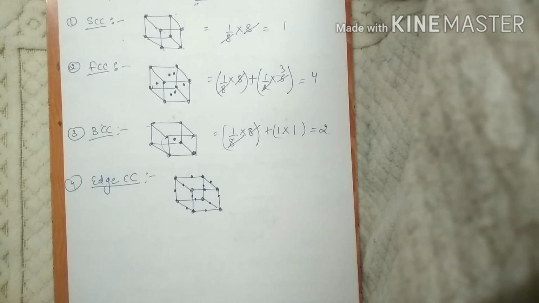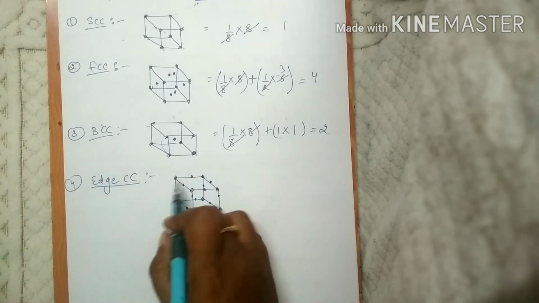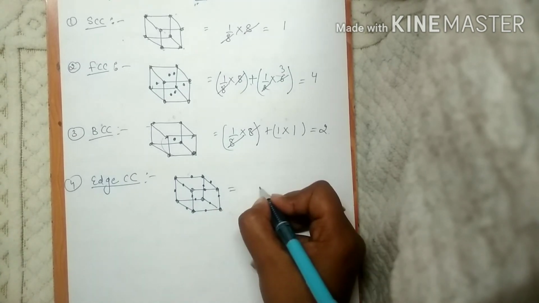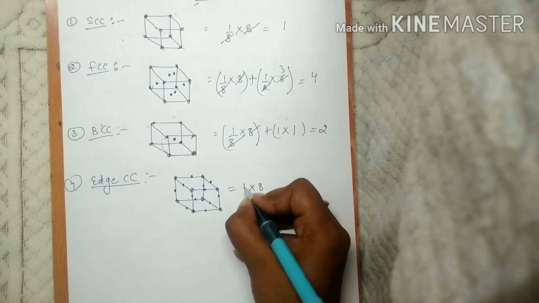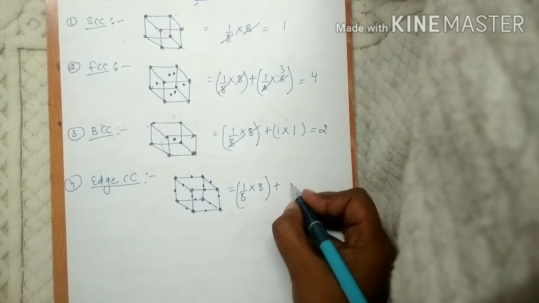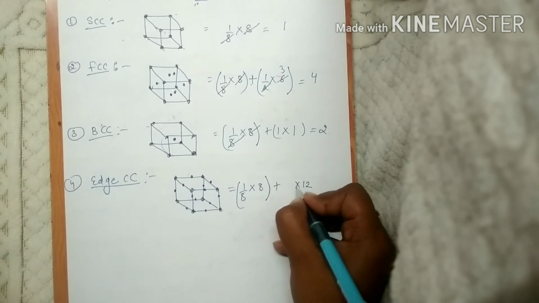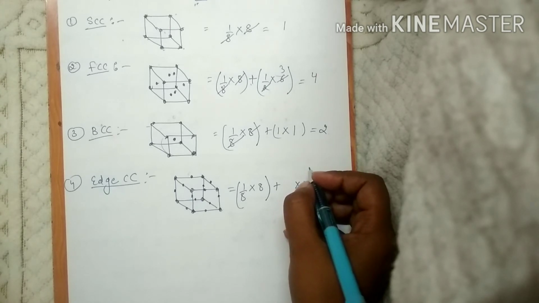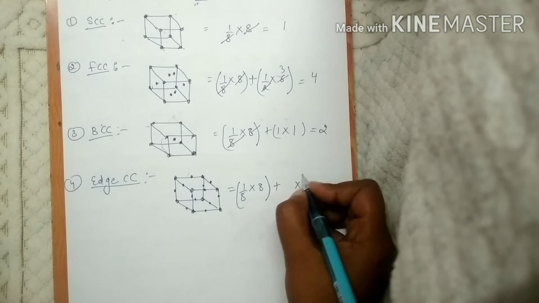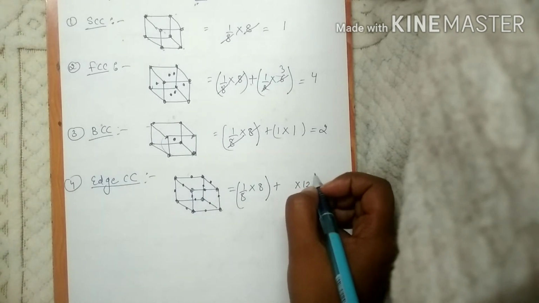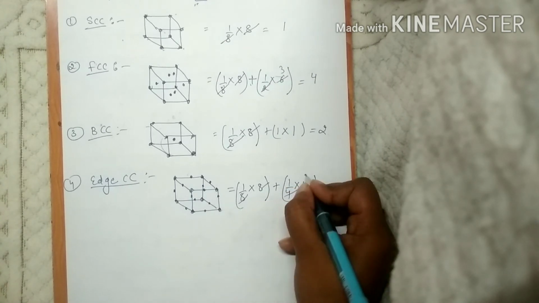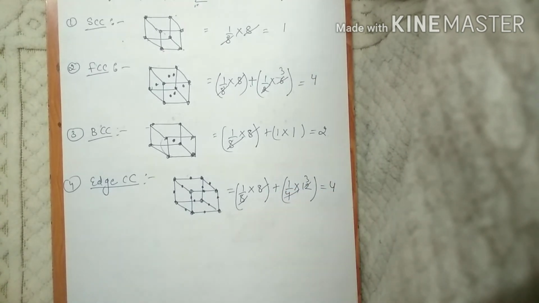So at the centers of 12 edges there will be an atom present. For the corners, there are 8 corners each contributing 1 by 8, and there are a total of 12 edges at whose centers atoms are present, and each atom present at the edge contributes 1 by 4. So if you solve, it comes out to be 4.